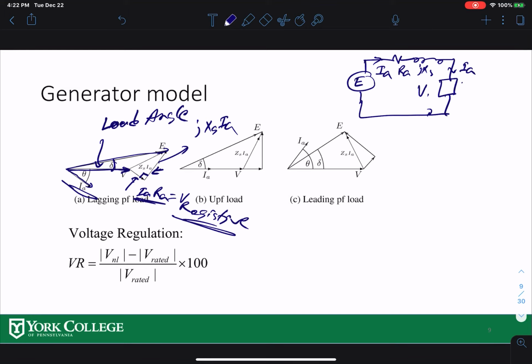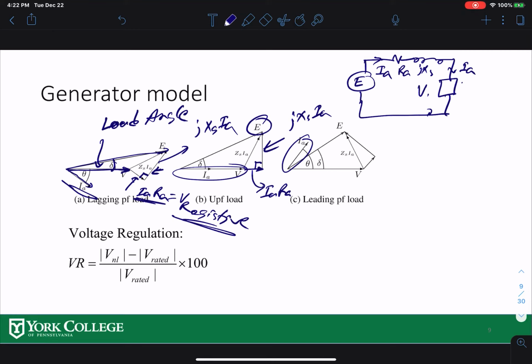For unity power factor, there's no angle difference between current and voltage, so they're both in phase. The IA RA drop at the resistance is also in phase with the current. Then you have the 90-degree angle for jXS IA, and you get this over here. For leading power factor, now your current is leading.